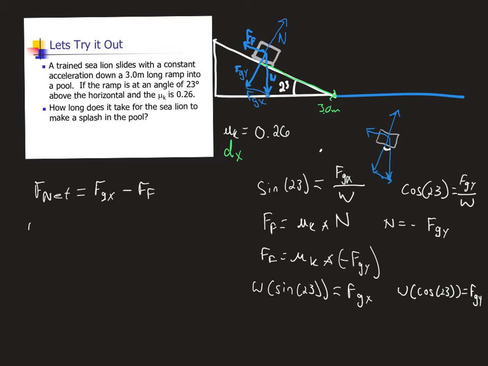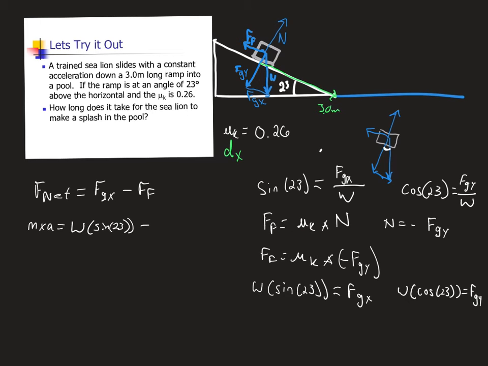But F net is also equal to mass times acceleration, which is equal to the force of gravity in the x, which is equal to the weight times the sine of 23 minus, that was frictional force, my bad. Nope, that was right.